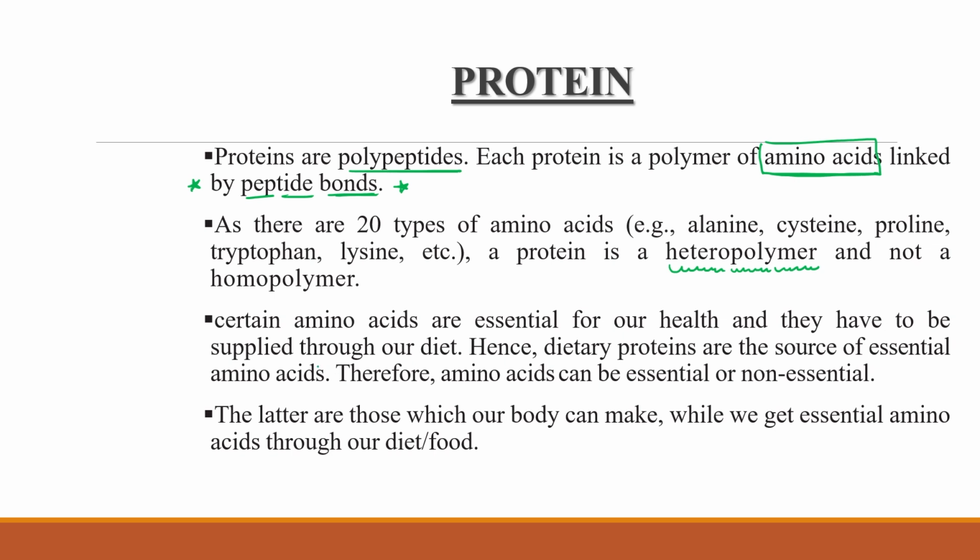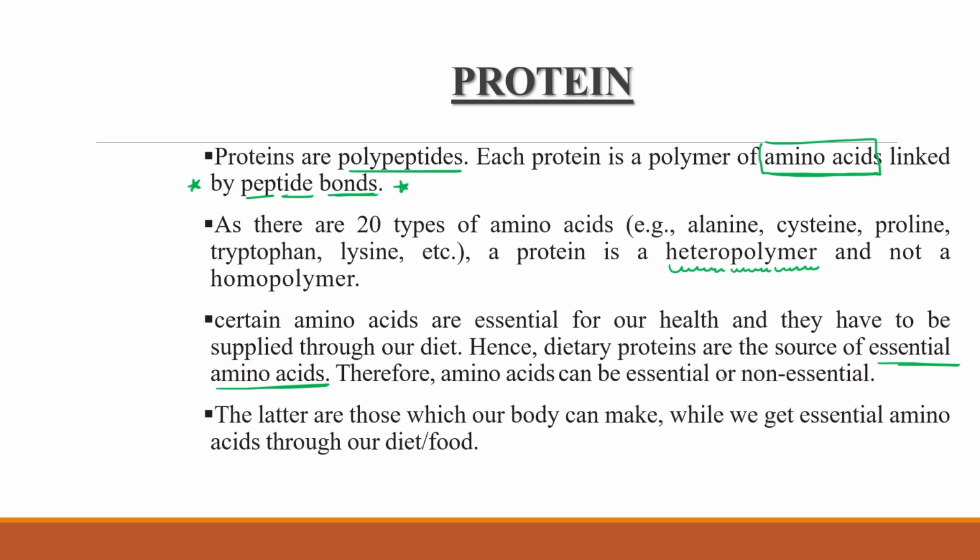Certain amino acids are essential for our health, right? And they have to be supplied through our diet. Some amino acids are very, very important, so we have to take all those amino acids through our diet. Dietary proteins are the source of essential amino acids. Essential means some are non-essential also, right?